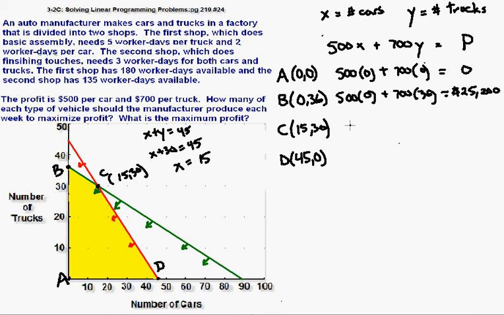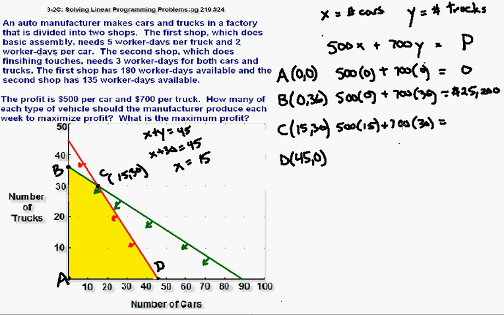Here I have 500 times 15 plus 700 times 30, and if I add those together, 500 times 15 is 7,500, and 700 times 30 is 21,000.